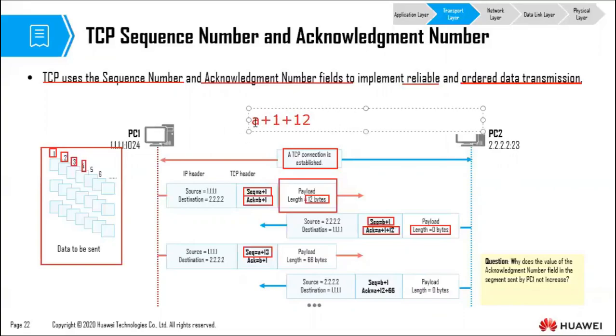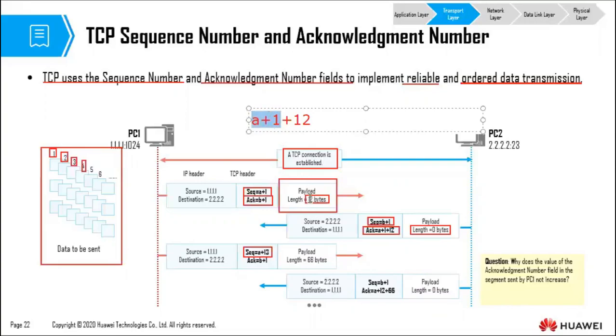Okay. So it's A+1 plus 12 because here you can see the sequence number is A+1. This sequence number is the first byte of each segment. And so the first byte of this segment is the sequence number that has been generated plus 1.